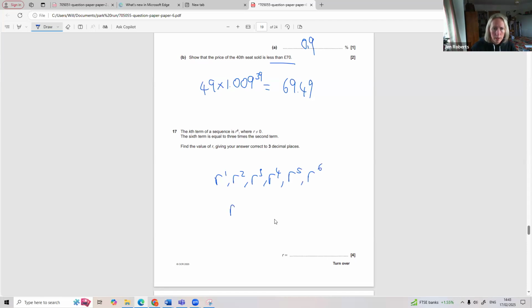The sixth term is equal to 3 times the second term. Okay, so I'm going to divide both sides by r squared. Let's find the fourth root of 3. 1.31. Oh, to 3 decimal places, 1.316.